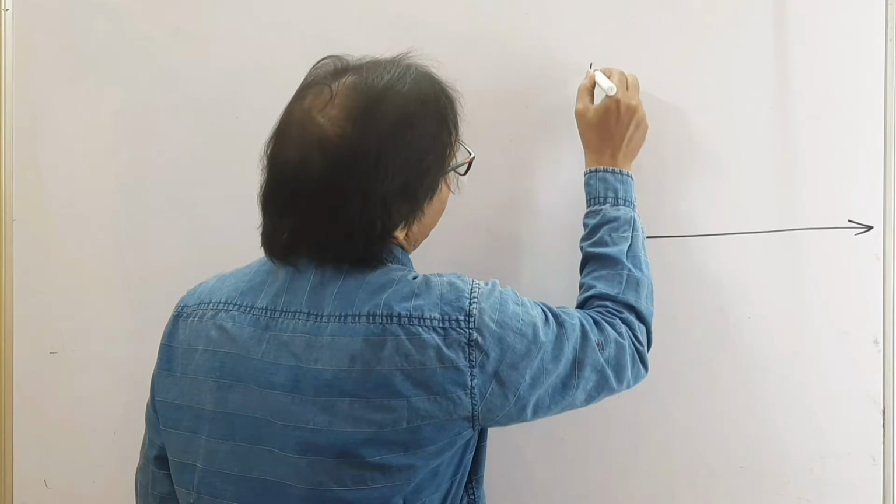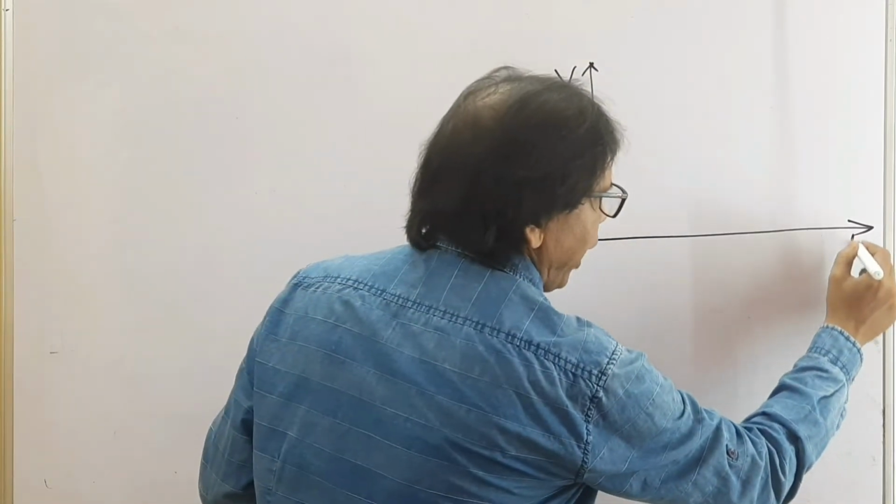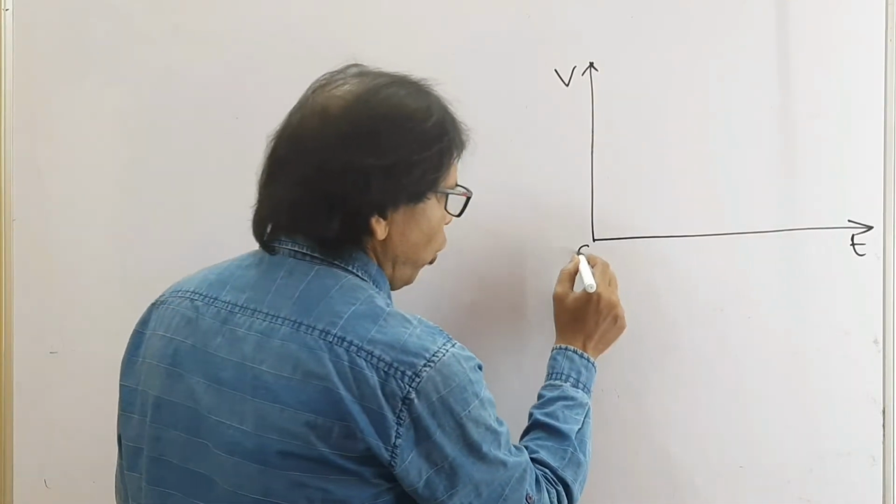Now we have to prove the equations of motion for constant acceleration with the help of the velocity-time graph. Velocity is represented along the vertical axis and time along the x-axis. This is the origin.